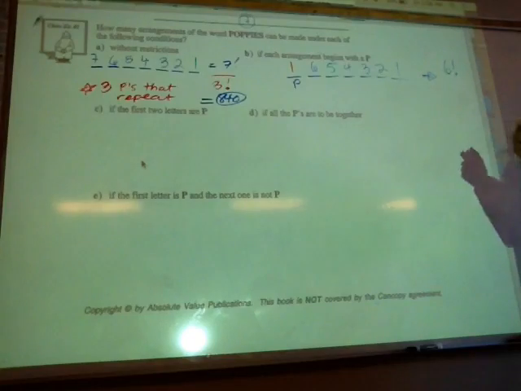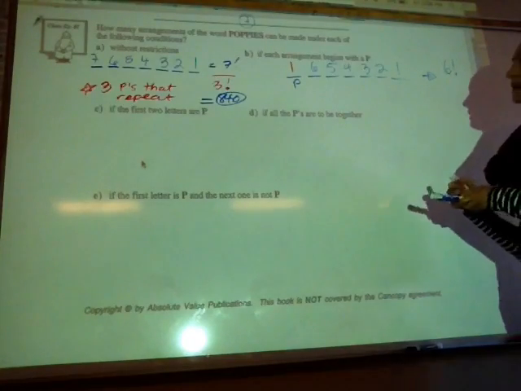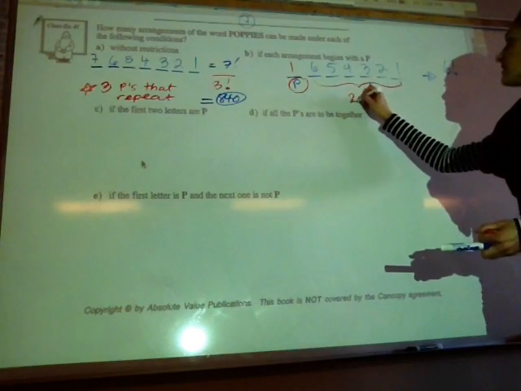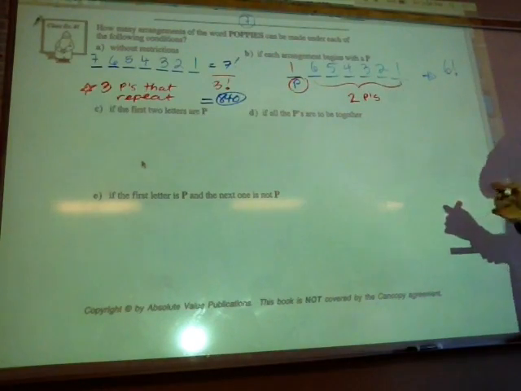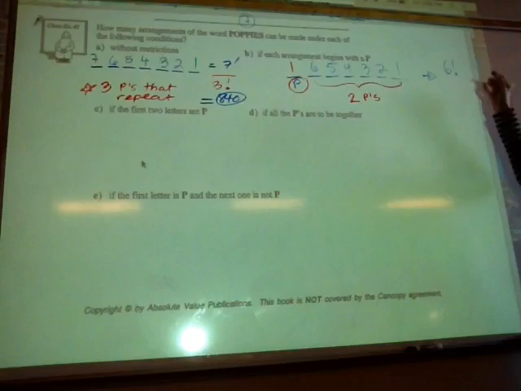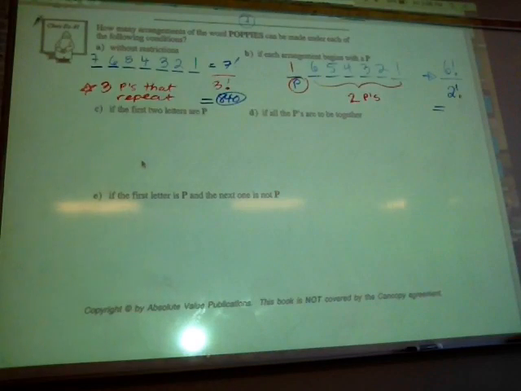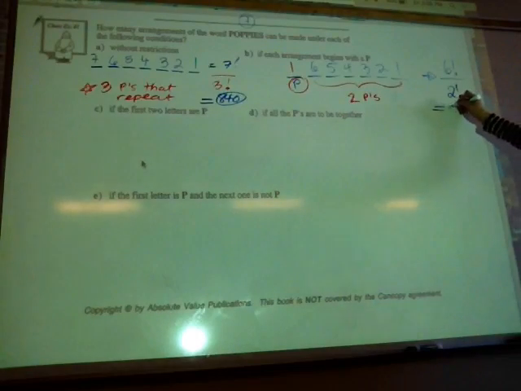But I have to recall that we started with 3 P's, we've used up 1, so within these letters there's still a repetition of 2 P's. So I've got to divide by 2 factorial. And when we calculate that, we should get 360.